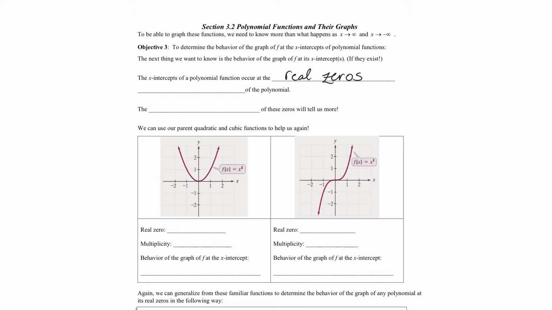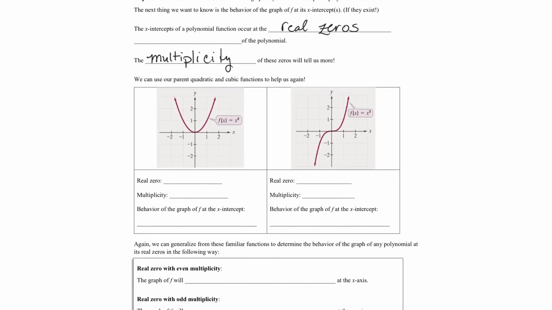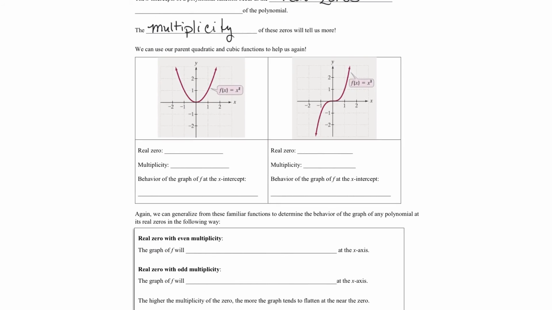The imaginary zeros do not correspond to x-intercepts, but the real zeros do. And the multiplicity is a funny little word, right? Multiplicity of these zeros will tell us more. And I've got, again, our parent quadratic and our parent cubic to help us explore this idea of multiplicity of a zero and what it's going to tell us about the behavior of the function.